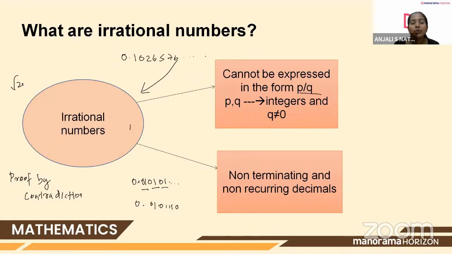So if our assumption, that this is a rational number, is wrong, then what will it prove? It proves that the opposite of our assumption is right, that it is a true statement. That is the method of proof by contradiction. So in this chapter, we prove the irrationality of numbers through this contradiction method, which is simple. If we think about the proof, it seems a little difficult, but it is very simple.